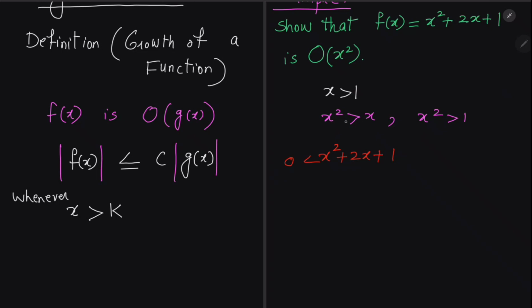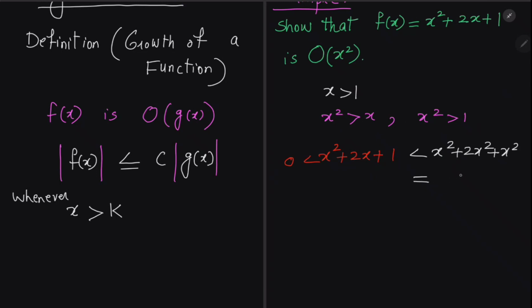Then what we do, we replace this x with the bigger value. It means that we write x square plus 2x square. Then we replace this smaller value of 1 with the bigger value, so we get x square plus 2x square plus x square.